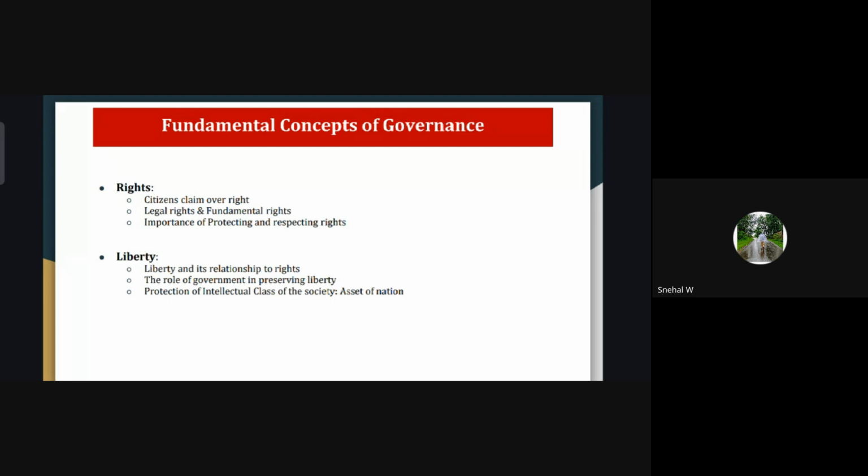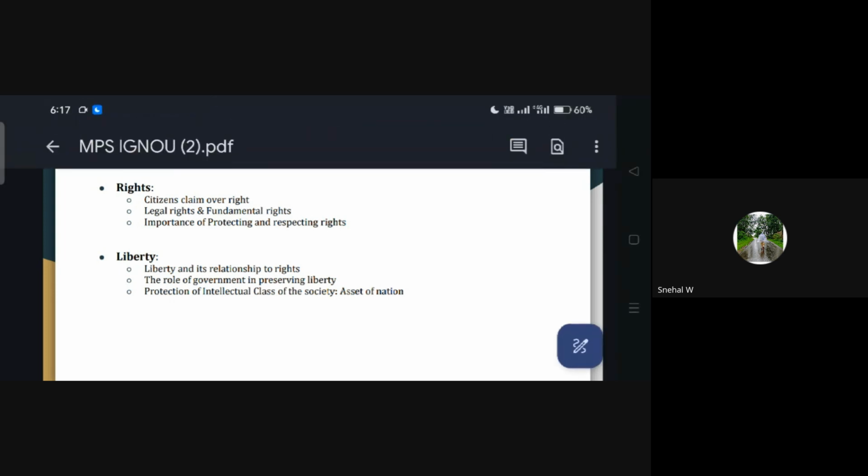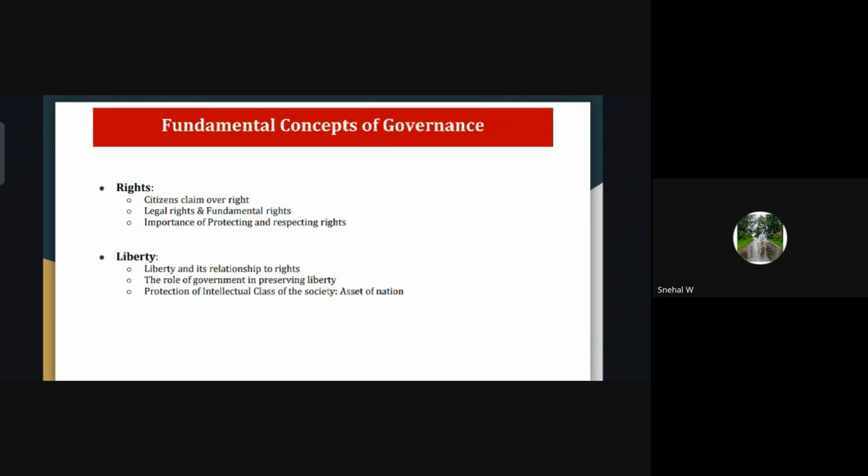However, on the contrary, when it comes to fundamental rights, of course citizens have that right the way a legal right has, but here the government cannot run away from its responsibility.